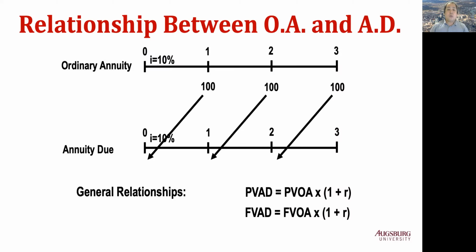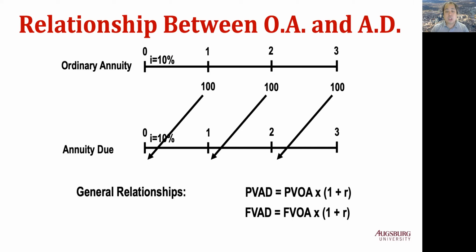Now, if you don't want to use this BGN mode change, then there's another way. Because these two, the ordinary annuity and the annuity due, have exact same cash flow, exact same interest rate, exact same number of periods, but the only difference is timing.